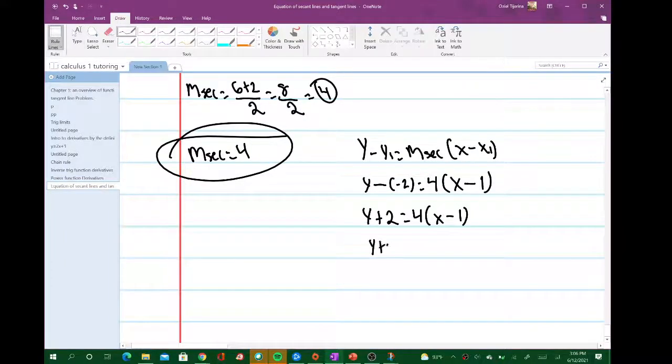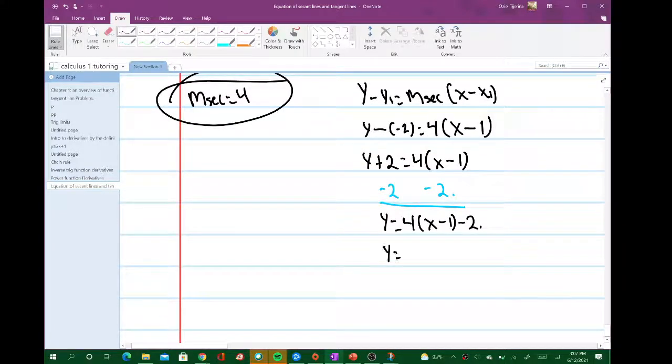If we subtract 2 on both sides, we get y is equal to 4 times x minus 1 minus 2. So then y is equal to 4x minus 4 minus 2. So y is equal to 4x minus 6.